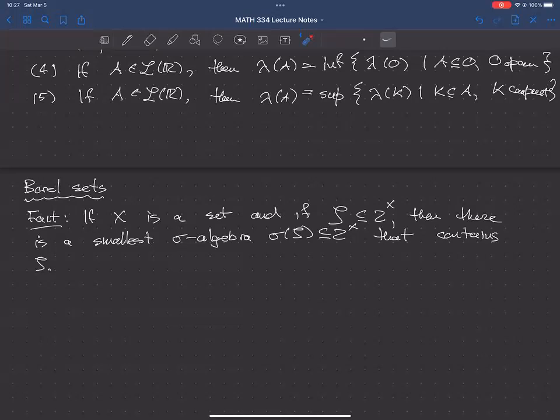Then you need to show that the intersection of all of them is a sigma algebra, that it contains S, and that any other sigma algebra which contains S is contained in the intersection. That last part is pretty much tautologically true, but the other things you can prove relatively easily.